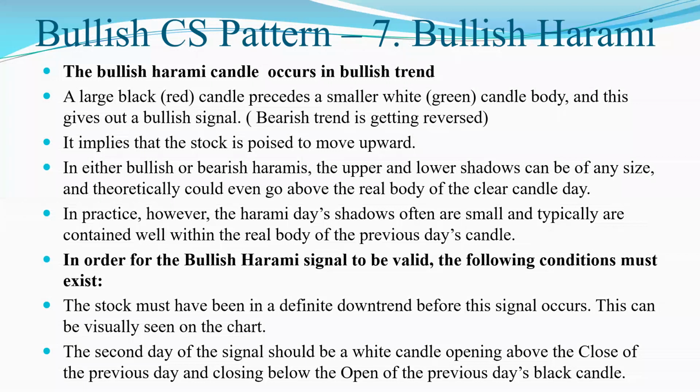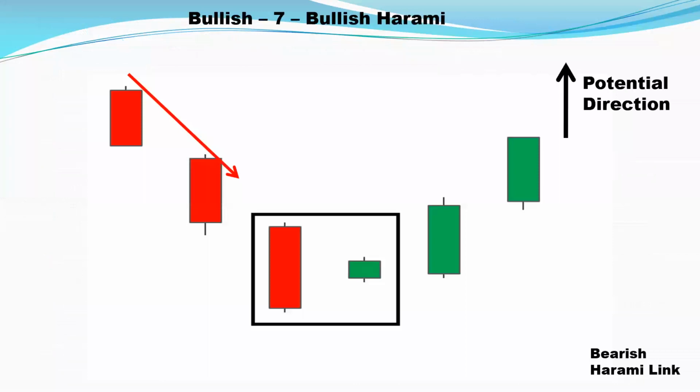Bullish harami. Harami is the Japanese word for a pregnant woman. Now you can see here, एक red candle है. उसके बाद very next is a green candle, like the stomach of a lady who is pregnant. So it is like this. So this is bullish because it is going to be showing bullish. Harami is the name of the pregnant woman in Japanese language.